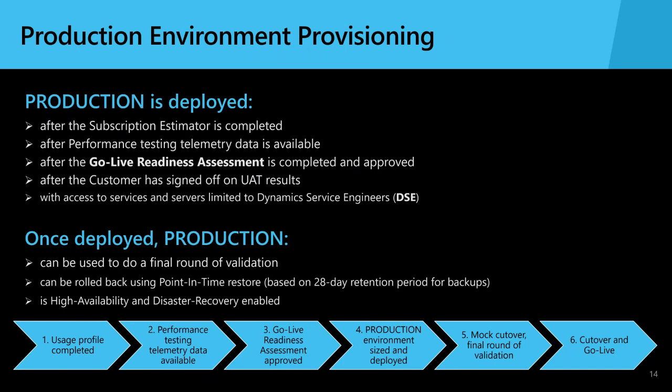We'll use those terms interchangeably. But the subscription estimator and the usage profile is essentially your estimate of the transaction volume and the level of activity that you'll be using the environment for. You'll populate that in the LCS project. We'll use that to inform our sizing for deployment of that environment.